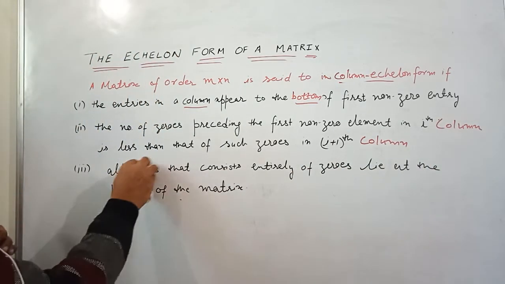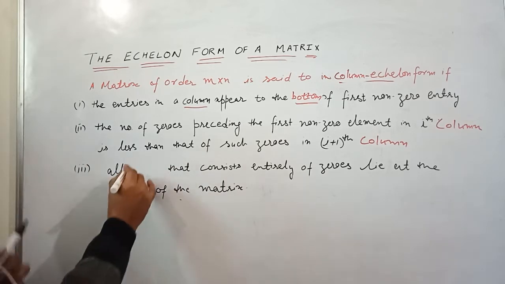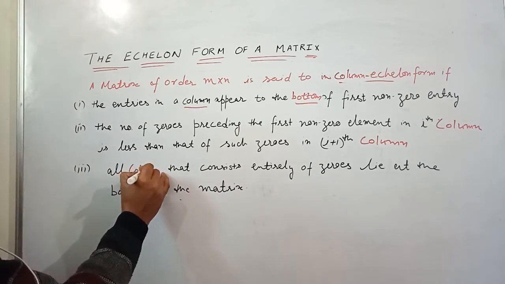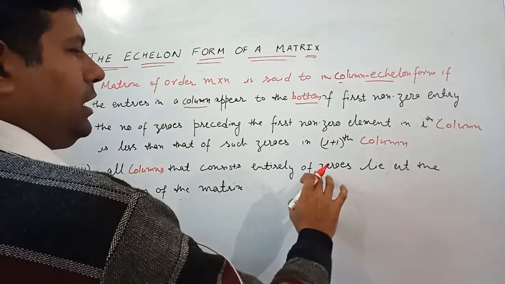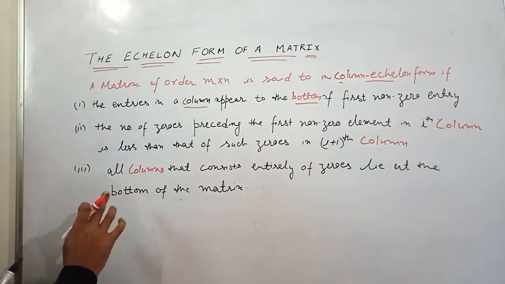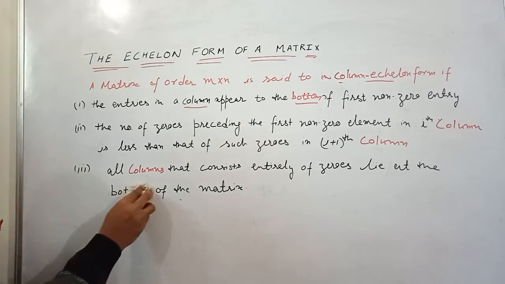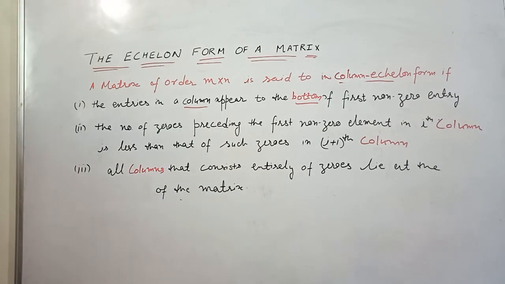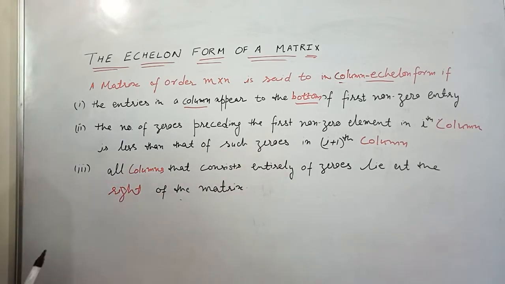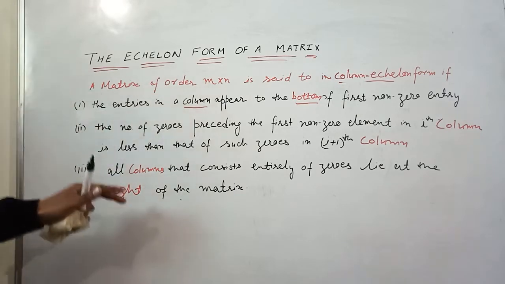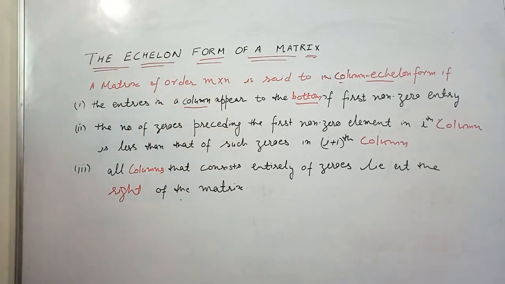All columns that consist entirely of zeros lie at the bottom. In place of bottom, I will write here right. Right. Matrix. So we will take one example.